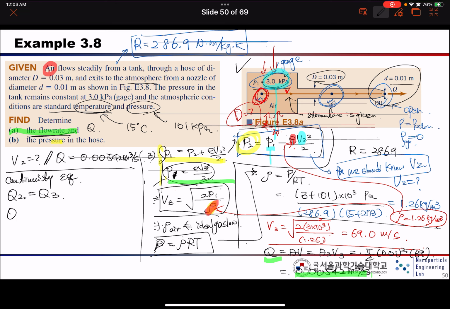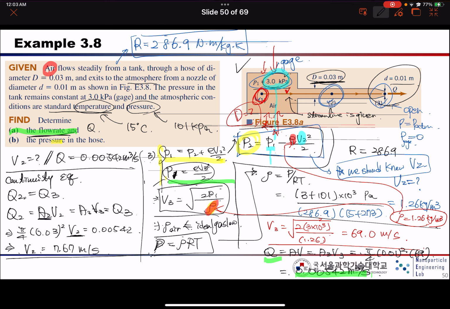So Q2 is A2 V2, and A3 V3 equals Q3. A2 we know, so we can write A2 V2 equals Q3, right? So based on this, we can calculate the V2 value. If you calculate this, V2 should be 7.67 meter per second.